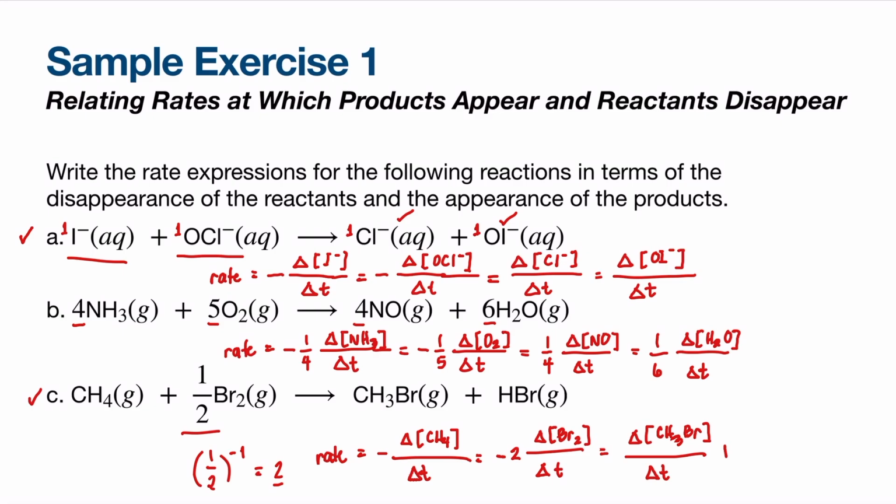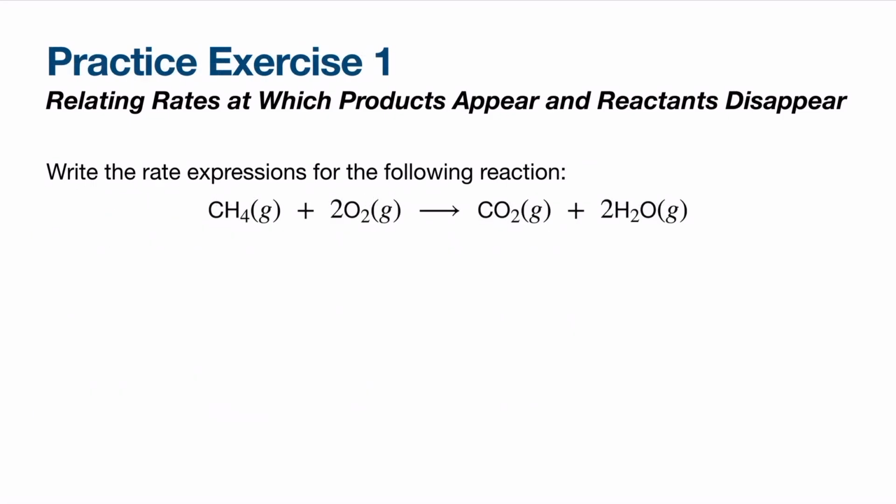And lastly, for hydrogen bromide, it's going to be change in the concentration of HBr divided by the change in time. Now, you can pause the video and do our practice exercise number 1.